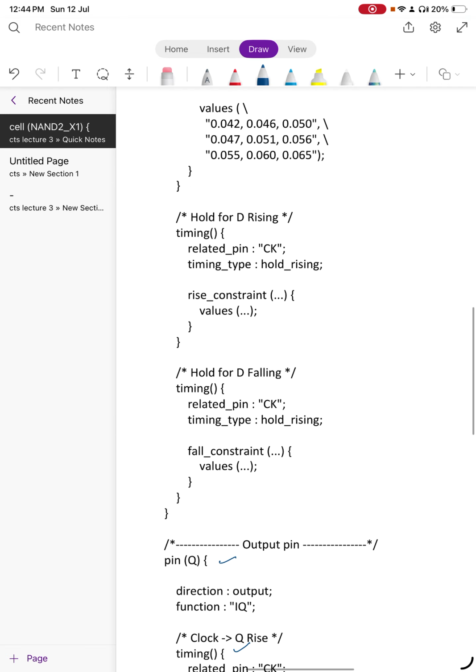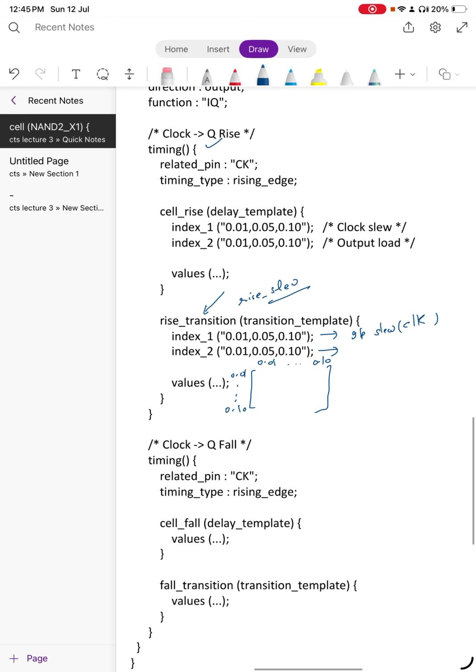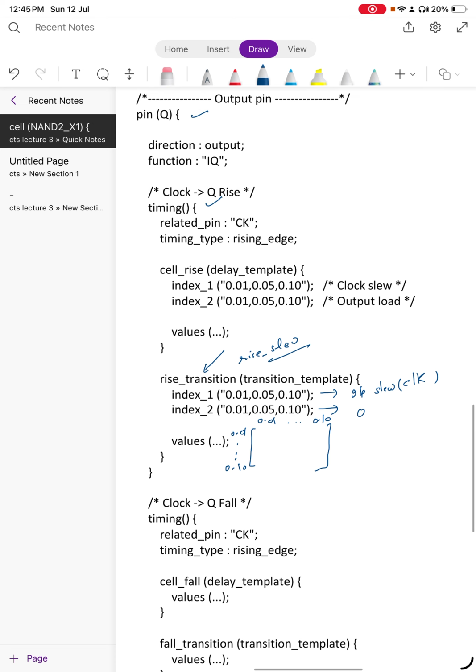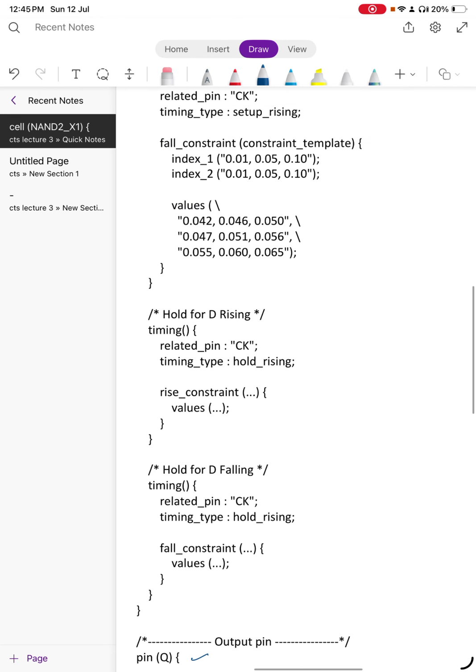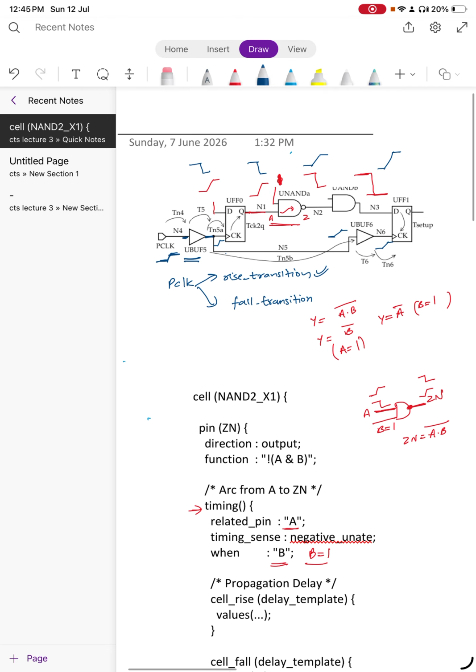Slew of the clock, that is clock slew, and Q slew, that is output slew. So this is how the transition for the flip-flop UFF0 will be calculated.